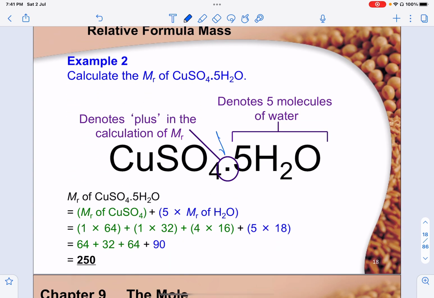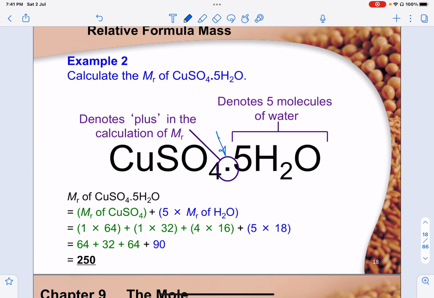In the event you see a dot here, this dot doesn't mean multiplication, but mainly it's a separation of copper 2 sulfate from the water molecules. In the actual solution, there is some form of interaction between the water molecules and this copper 2 sulfate. That's why there's a dot.